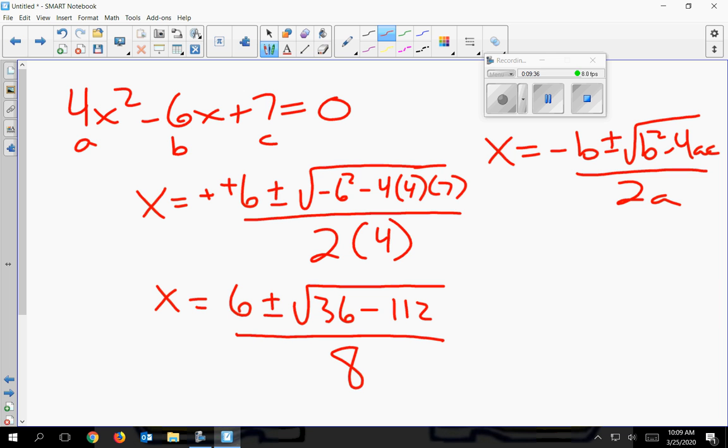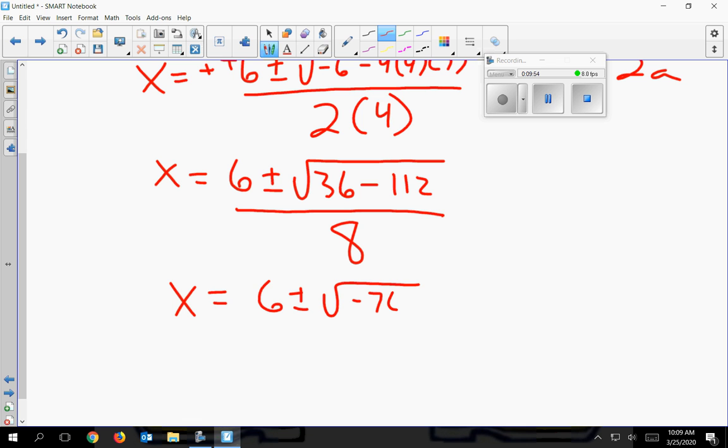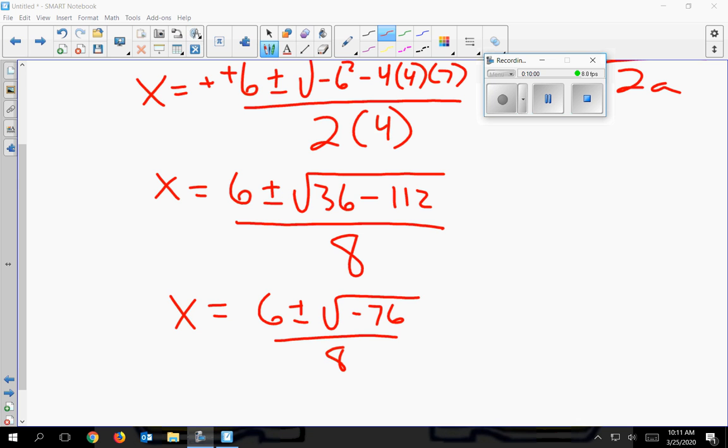So there you go. Okay, now I got to do a little bit of math inside the radical. And 36 minus 112, I believe, gives me -76, which would be negative. Okay, so we get that.